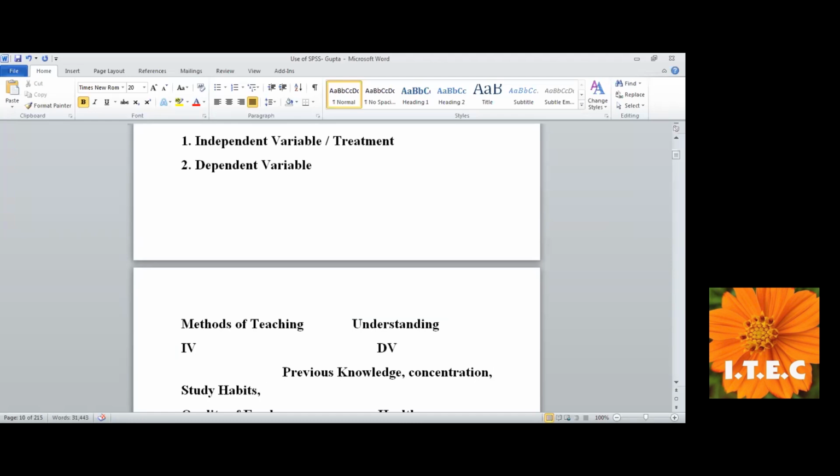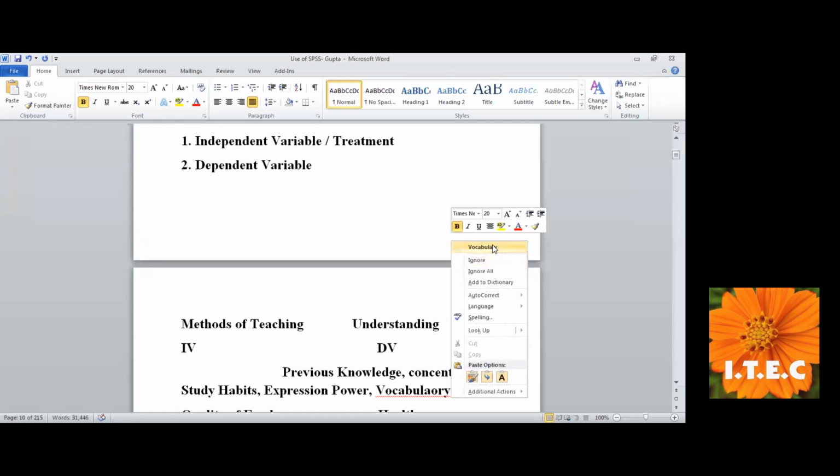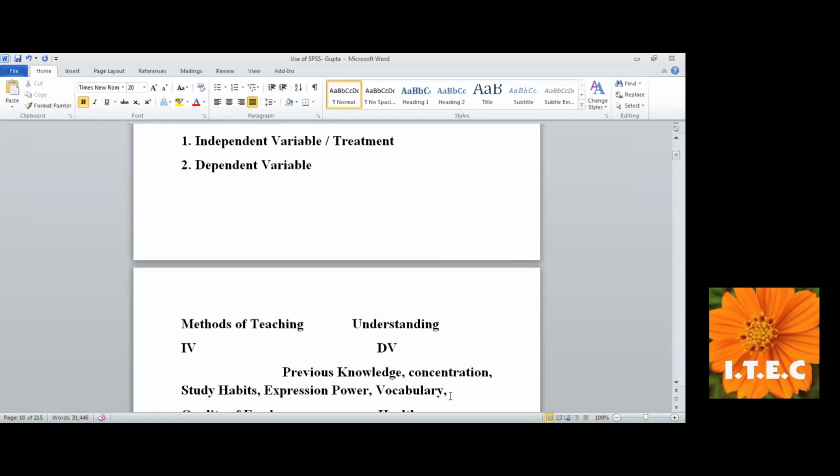It depends on your expression power. It depends upon your vocabulary. It depends on your reasoning.